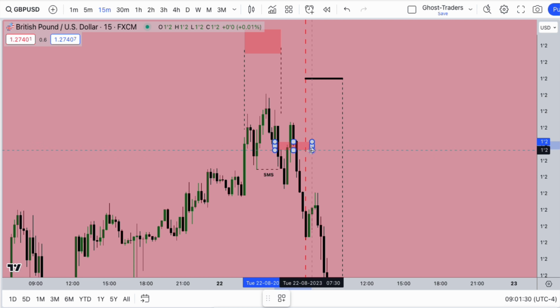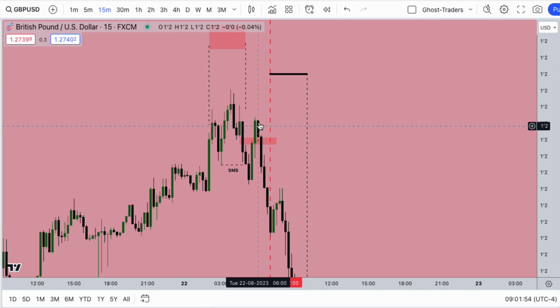This is the fair value gap that we're going to be targeting, and your stop loss is going to be above this candle here. This is the candle that is responsible for the formation of this fair value gap. It's going to be at least 5 pips above the wick of this candle.